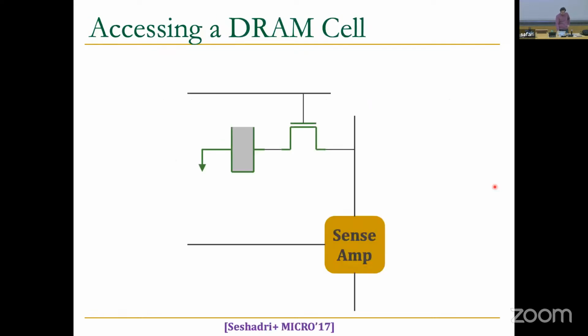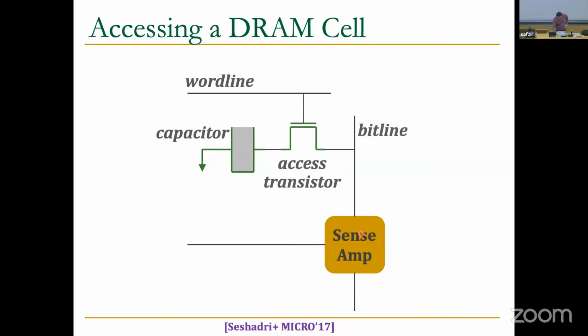So I'll give you some more insights into the analog operation of how you access a DRAM cell, but it's not going to be too much. This is a diagram showing you how you connect a DRAM cell, here the capacitor, to a sense amplifier. The word line controls the access transistor, the bit line connects the cell to the sense amplifier.